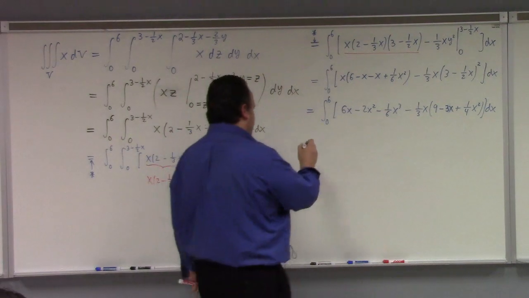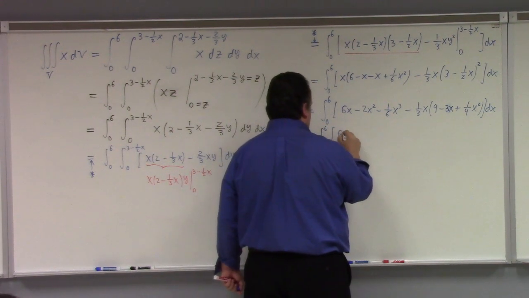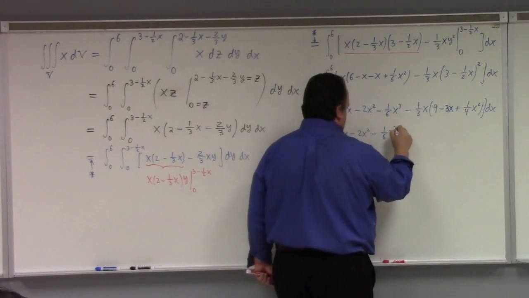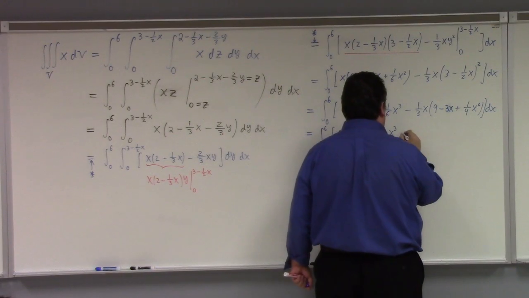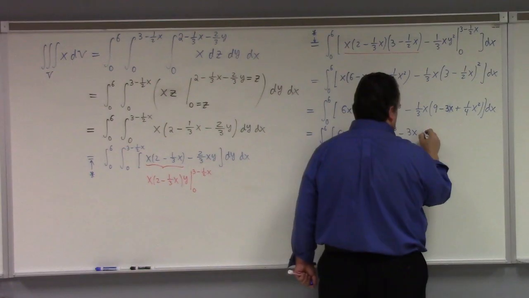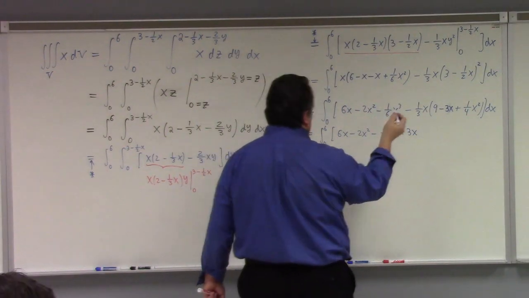One more step here, maybe 2. Integral from 0 to 6, 6x minus 2x squared minus 1/6 x cubed minus 3x. Oh, did I change my minus to a plus?